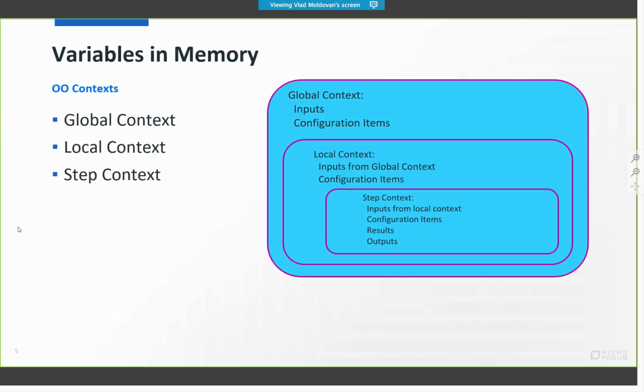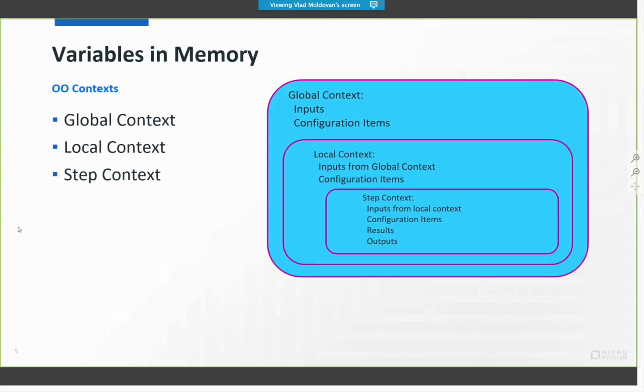And then you have the flow output field. The flow output field means that from the step context, this variable is going to be pushed up to the, let's say, outer edge, the border between the local context and its parent context.